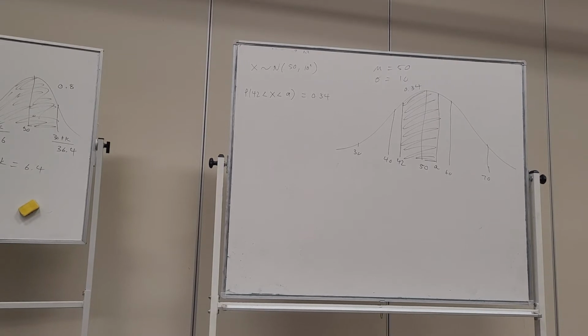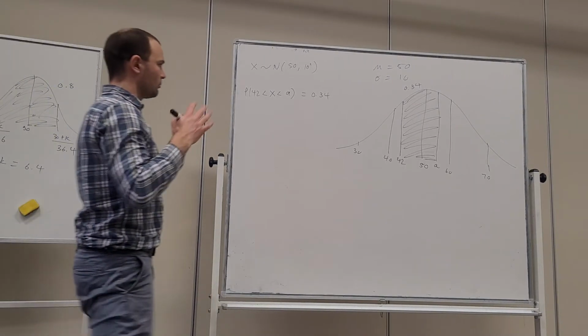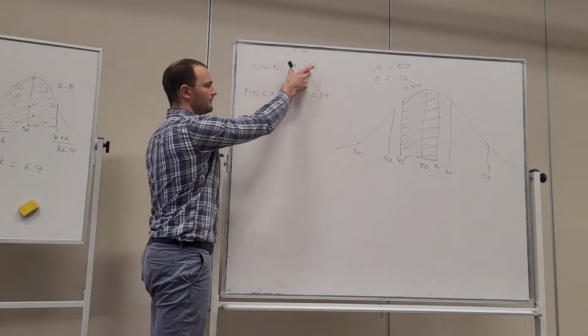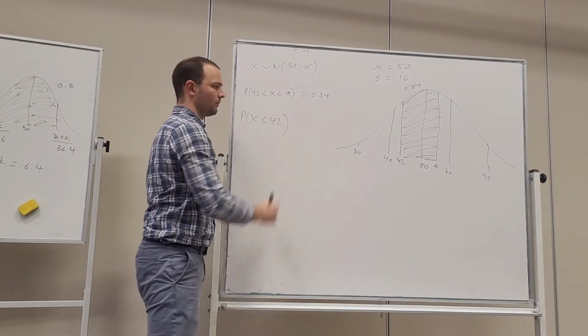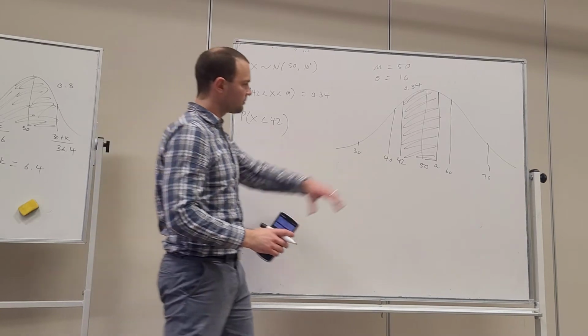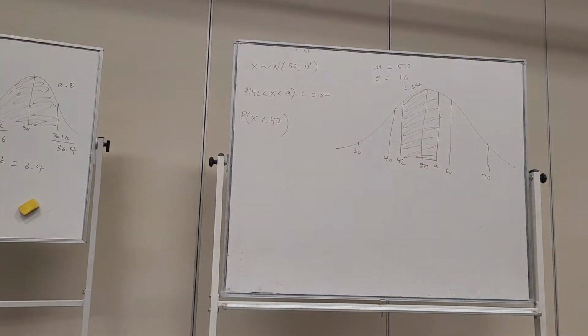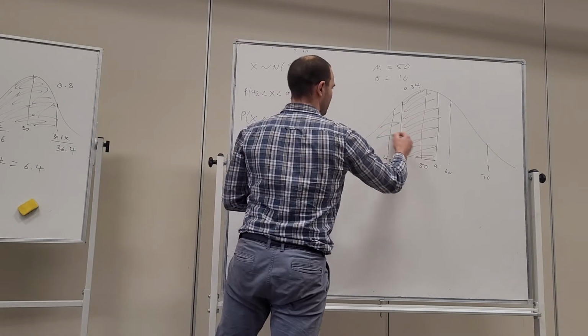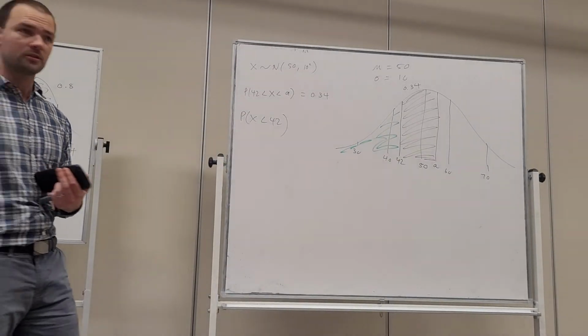So what we're going to do here is combine a number of processes that we know. The first thing is, given all this information, what is the probability of x being less than 42? I'm going to shade it in colours so we can see what's going on. That's a normal distribution calculation.